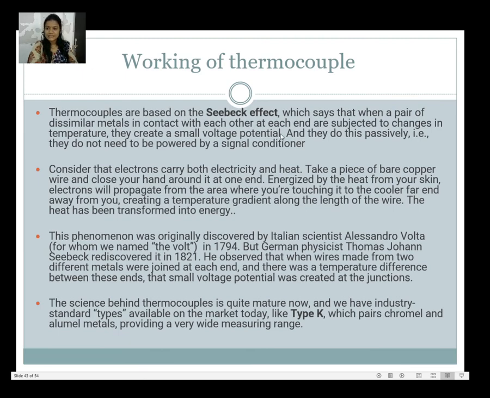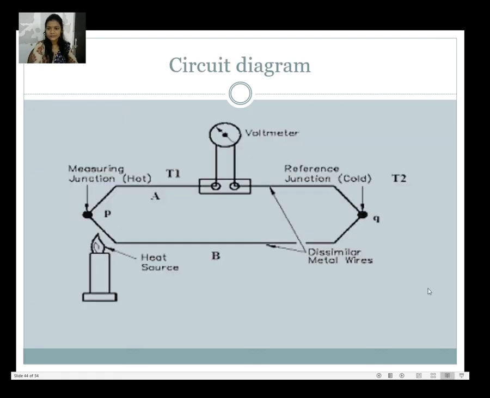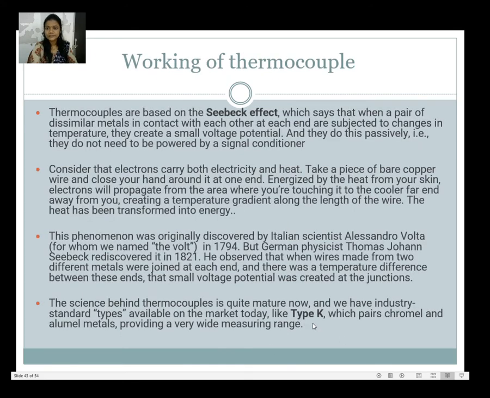The two dissimilar metal wires are in contact with each other, at the two ends there are different temperatures, T1 and T2, and they create a small voltage potential passively.